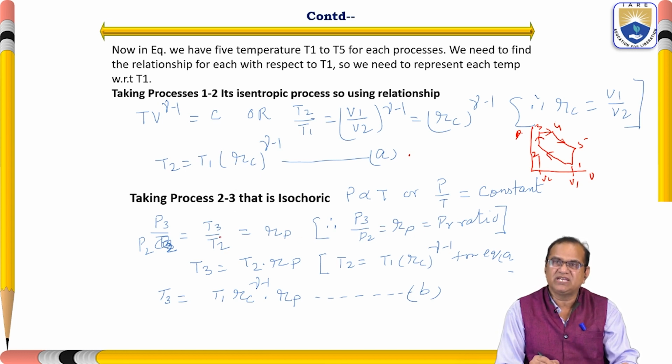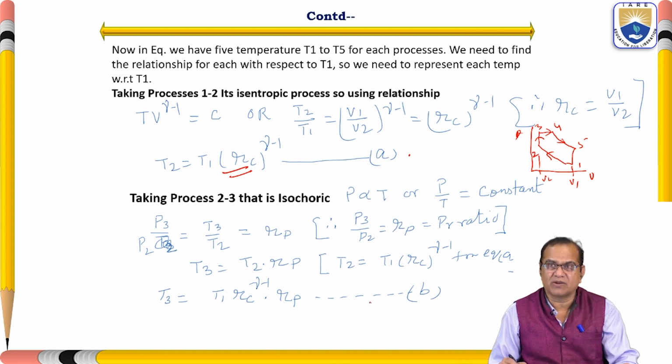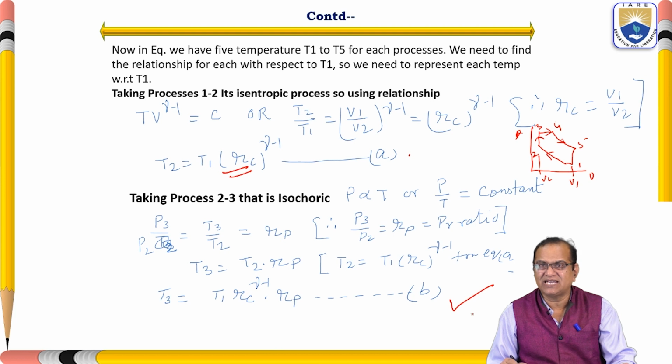So T3 is T2 RP. But T2 from equation 1, T2 is equal to T1 RC to the power gamma minus 1. So here T3 is equal to T1, for this T2, we have to write from here. So T1 RC to the power gamma minus 1 into RP. So we got the second relation with T3 and we got the T2.